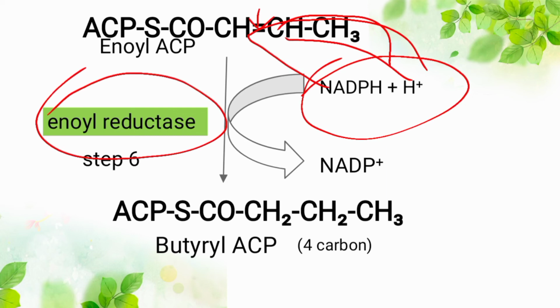Remember, we removed OH and hydrogen, and each was binding to 1 electron. So it was these two free electrons that came together to form an extra bond, the pi bond. So now, if we introduce hydrogen and an electron again to bind to those 2 electrons, you have just 1 bond, which is what you're seeing here. So everything is normal. So now we have butyryl ACP, 4 carbon.